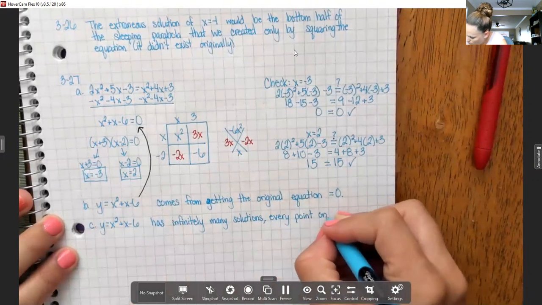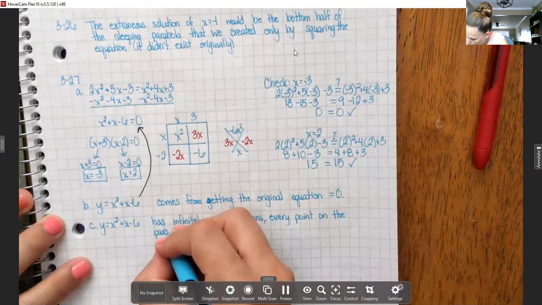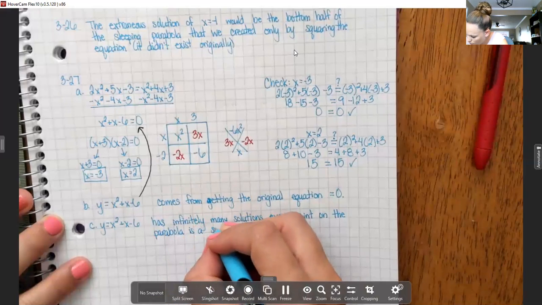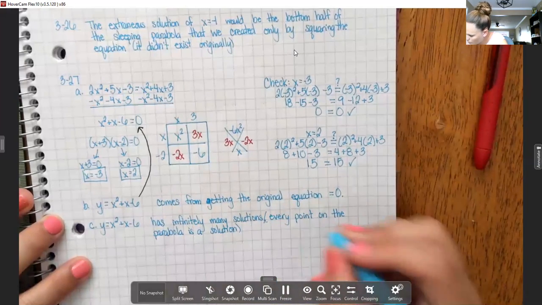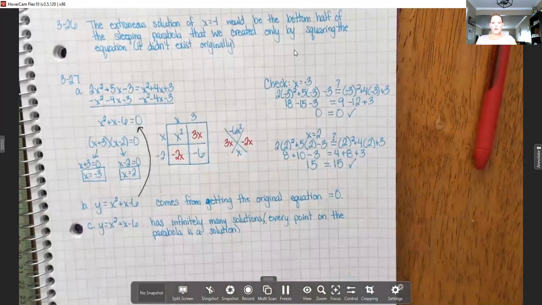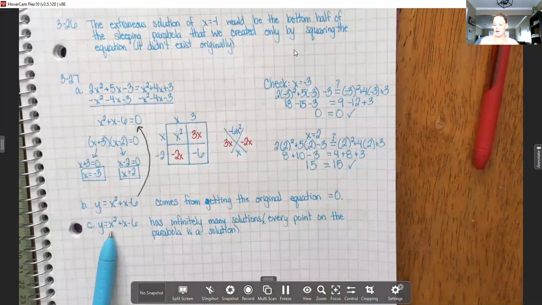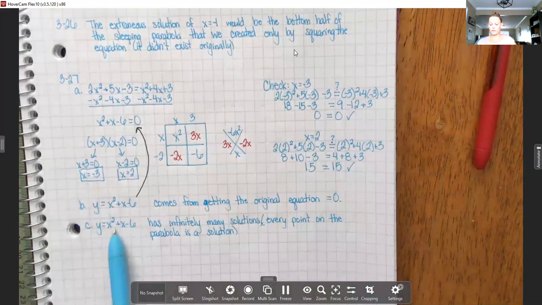Every point on the parabola is a solution. Let's put that in parentheses. So we know this is a parabola, just an x squared. Every point on this parabola is a solution to this equation.